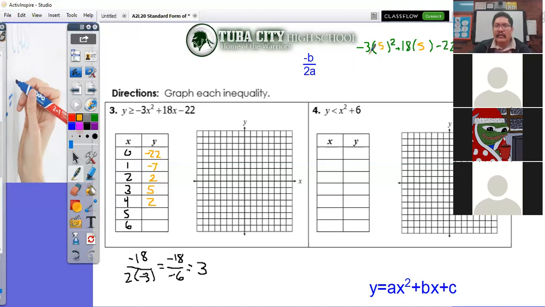5 squared is 25. 25 times negative 3 is negative 75. And this would be 90, because half of 18 is 9 and double this number, it's 10. So 9 times 10 is 90. Okay, and 90.